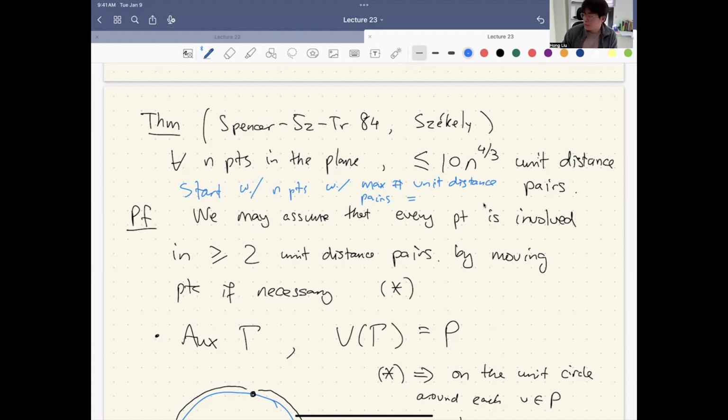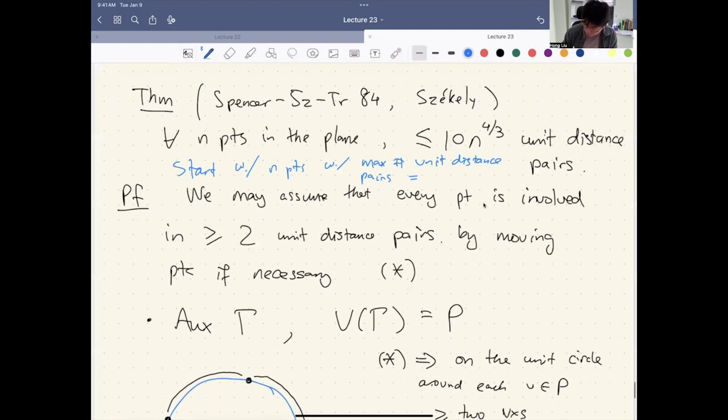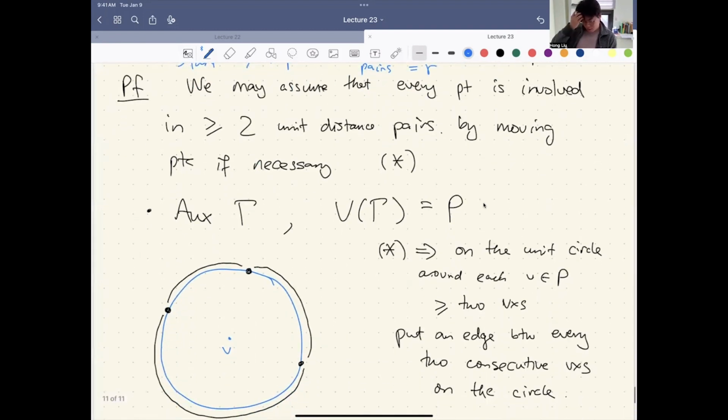M is bad. R is pairs. Yeah, R, why not? Okay.